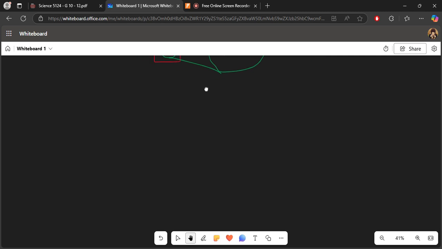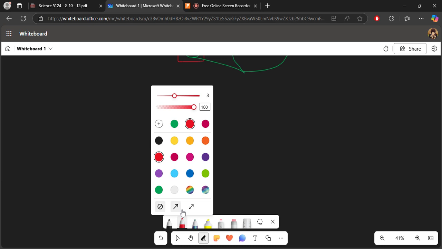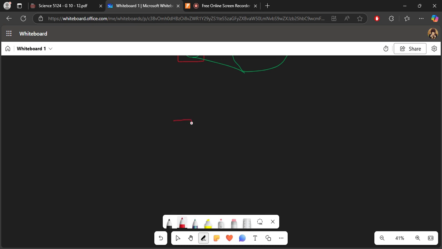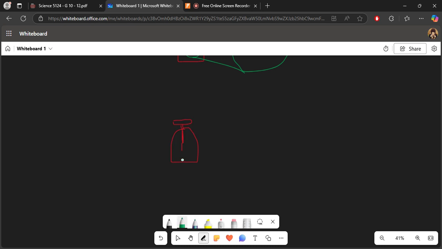Next, let's consider we put a negatively charged object on our gold leaf electroscope. This is my gold leaf electroscope, and then I put a negatively charged object here.